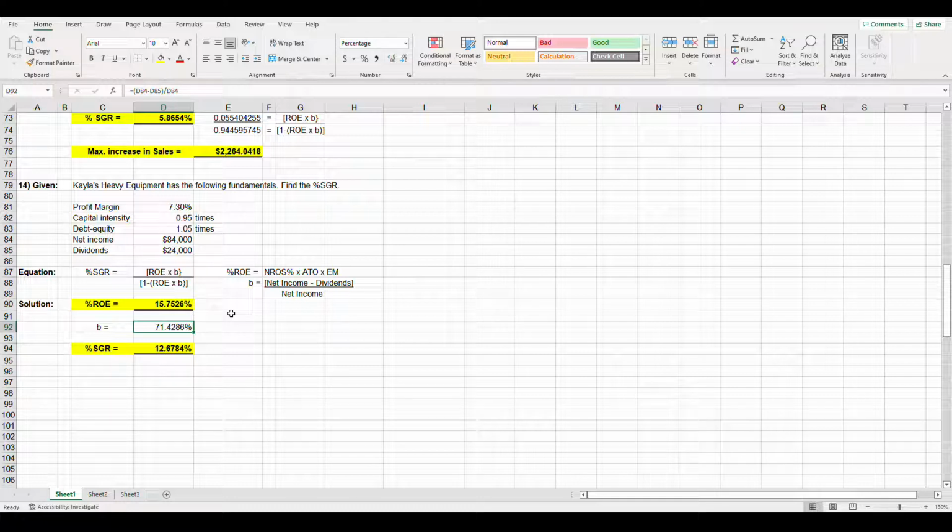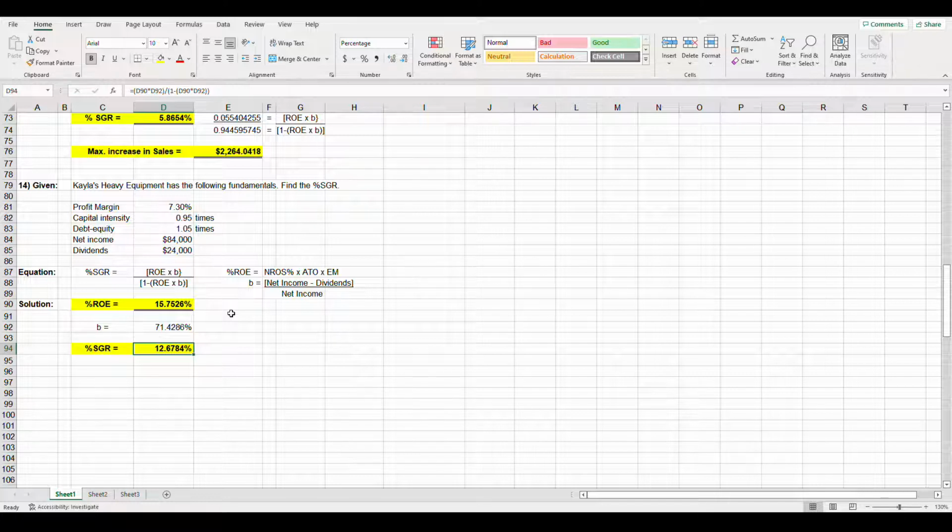And then my B, I had calculated by taking my retained earnings divided by my net income. Got a 71.4286% retention ratio, or B. And then I simply take those two numbers, ROE, which is D90, times D92, which is the retention ratio, divided by 1 minus those same numbers, multiplied together.